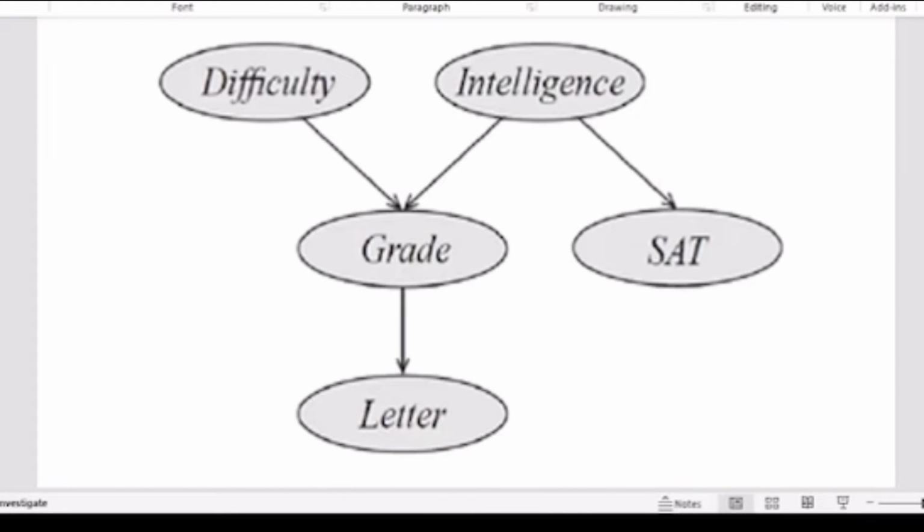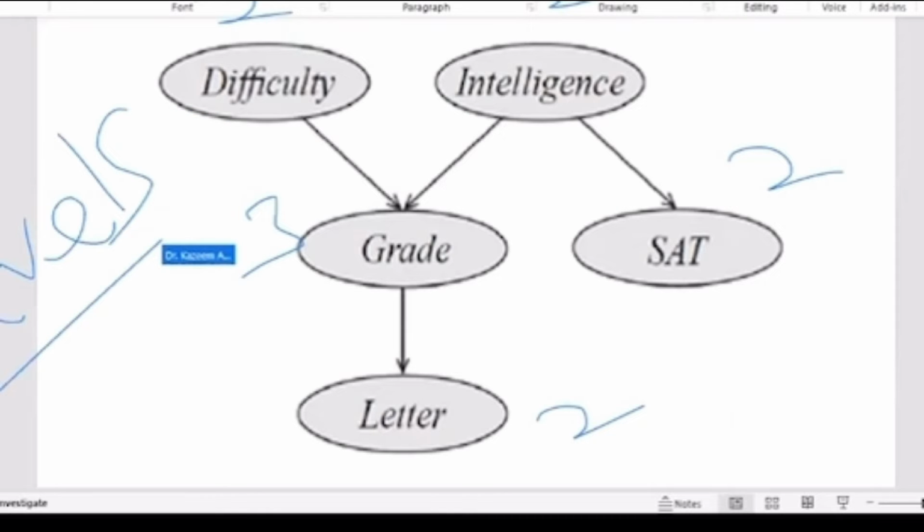How many variables do we have? We have 5 variables, right? This is 2, 2, 3, 2, 2. Do you know the meaning of what I just assigned? Difficulty could be difficult or easy. I'm talking about levels right now.